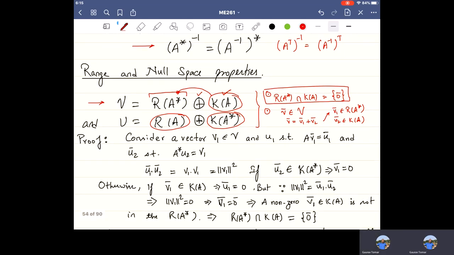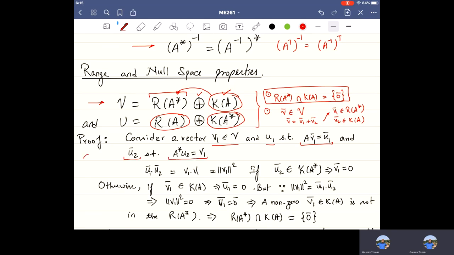To show this, we take a vector v1 and another vector u1 in such a way that the mapping A v1 gives you u1, and we pick another vector u2, which is mapped to v1.